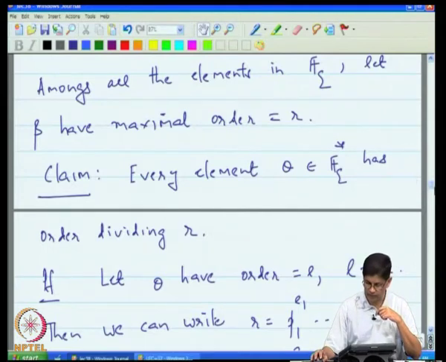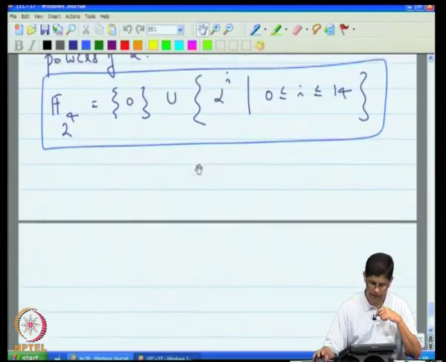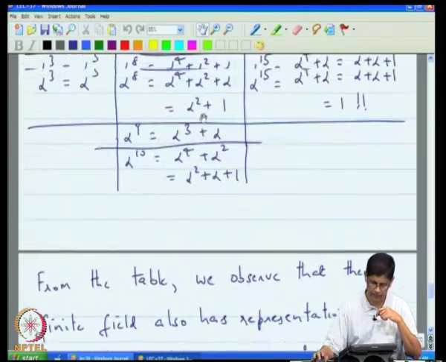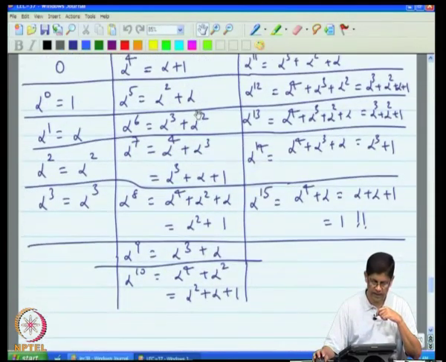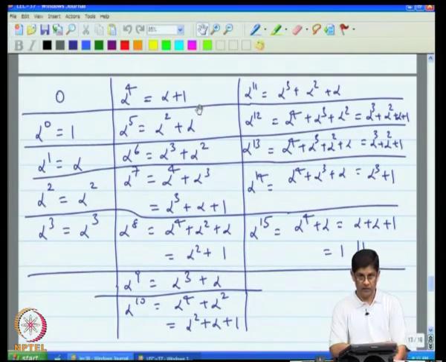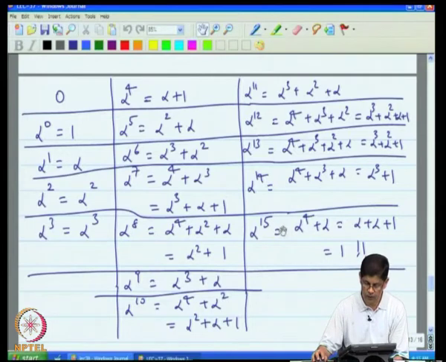So, for example, if we go back to our lecture of last time, here are the 16 elements of the finite field of size 16. You notice here that alpha to the 15 is 1. So alpha has order 15. It turns out that the largest possible order in this finite field is 15.